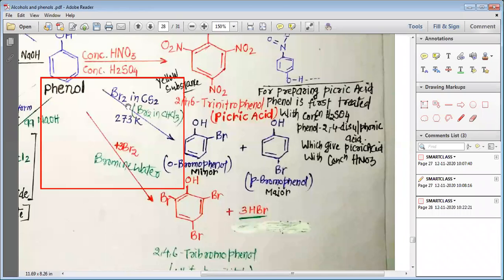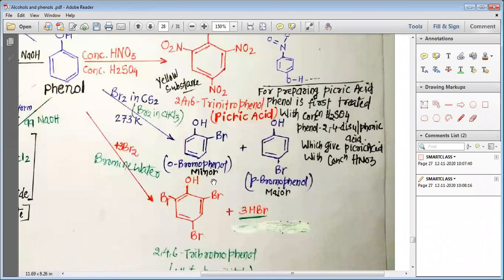The first method is the reaction of phenol with Br2 in CS2, that is bromine in carbon disulfide, or Br2 in CHCl3, that is bromine in chloroform. If bromine is dissolved in carbon disulfide or chloroform and allowed to react with phenol at 273 Kelvin, we can get two different products.